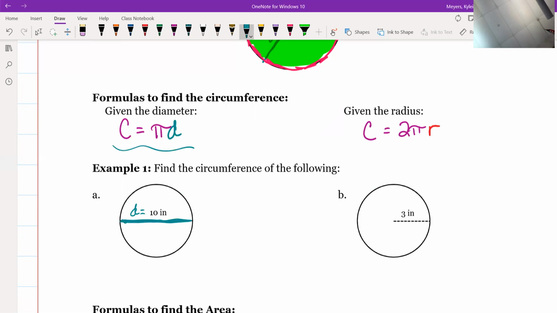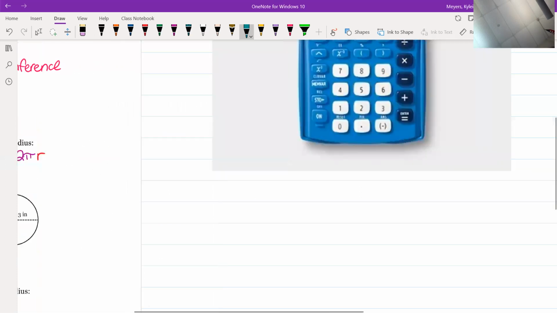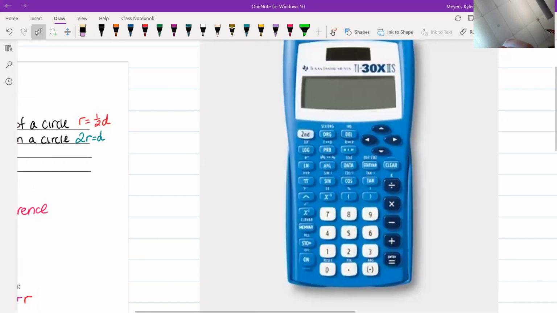So I should be using my diameter formula. I have circumference equals pi times diameter. Pi is just a button on the calculator, and we know my diameter is 10. On your calculator, it probably looks like this, right? The pi button is right here. So you're going to want to type in 10 times pi.